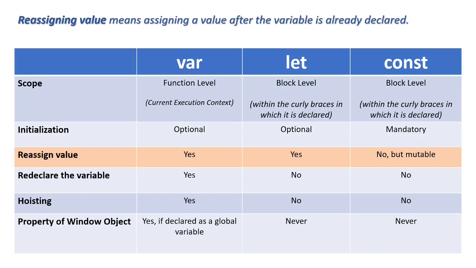If we have assigned a primitive value like 100, then we cannot change it. If we have assigned something complex like an object or an array, then we cannot reassign a new array or new object, but we can manipulate the values of it. We cannot assign a new value, but we can mutate it.